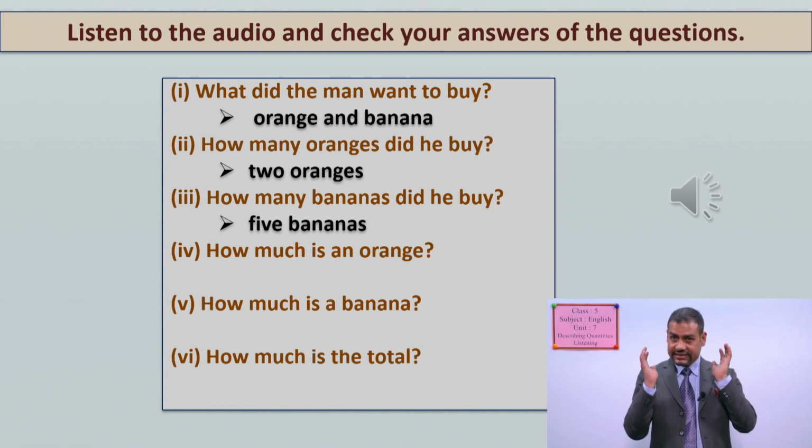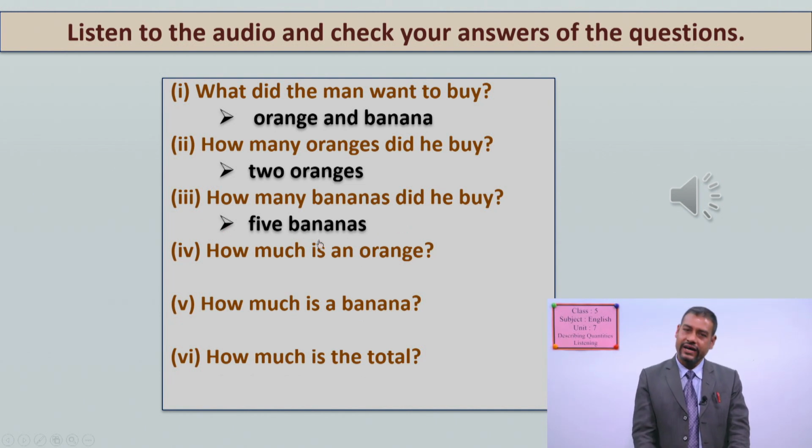So I am time and again telling you that you should not write a complete sentence for listening activities. So here also you should not write he bought 5 bananas. You don't need to write that one, just 5 bananas. Main words, main ideas of this question.